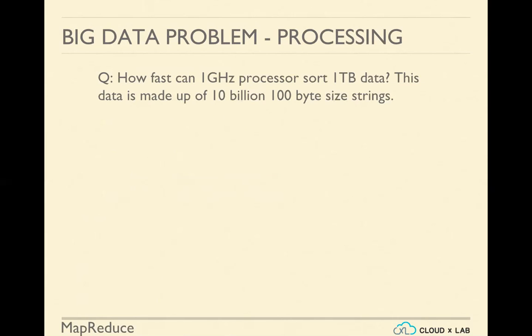This data is made up of 10 billion 100-byte strings. You have 10 billion strings, which are each 100 characters, and you want to sort such data. Sort means ordering. How much time do you think it'll take?